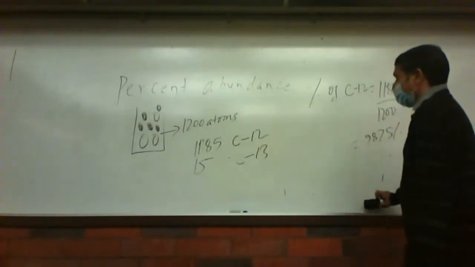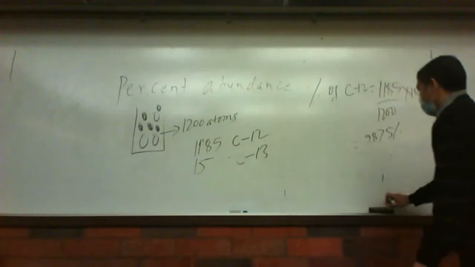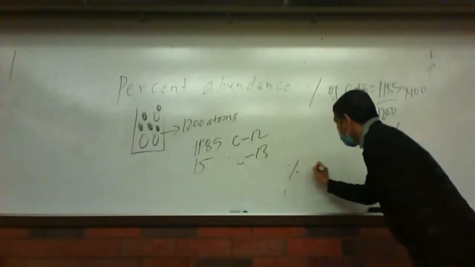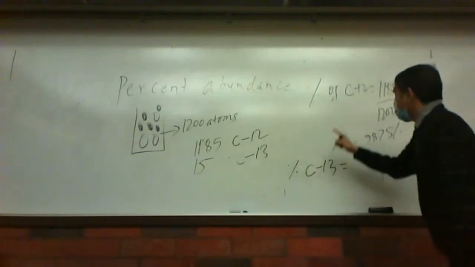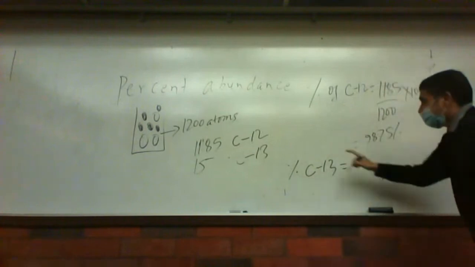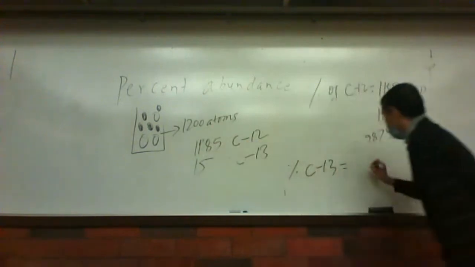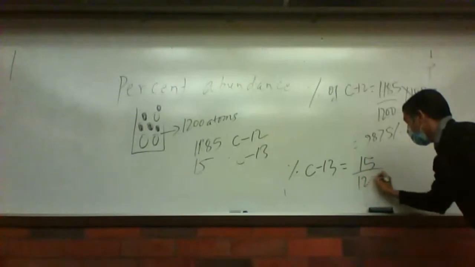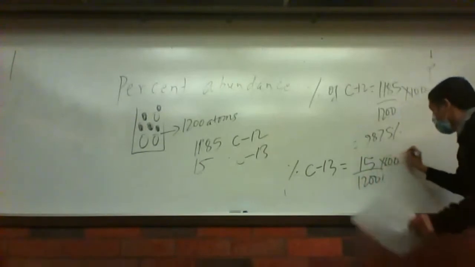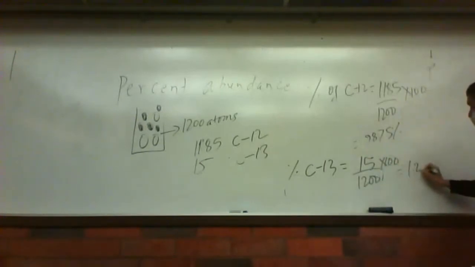Now, how much is C13? Percentage of C13 is just 15 atoms out of 1200. So 15 atoms out of 1200, and then you multiply by 100%. So that gives you 1.25%.